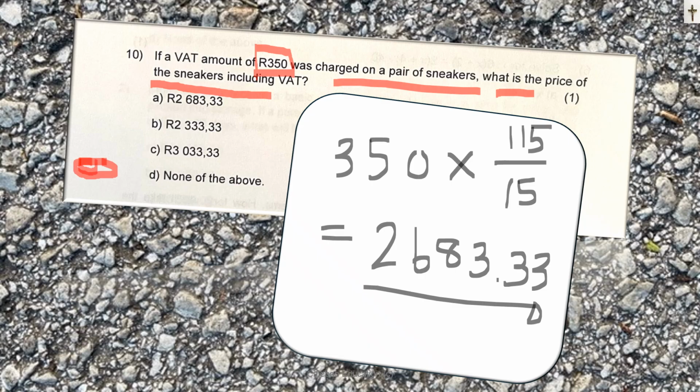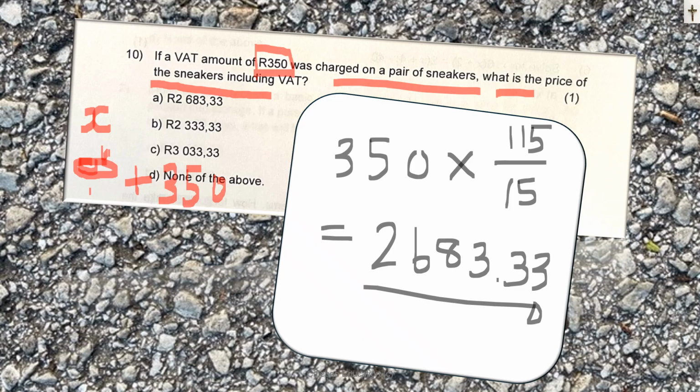But that's a tacky, they're the shoelaces. You got a price of a sneaker, and when you add that price of the sneaker, you're going to add 350 VAT. The question is, what is that amount of the sneaker excluding VAT? What is the price of the sneaker?